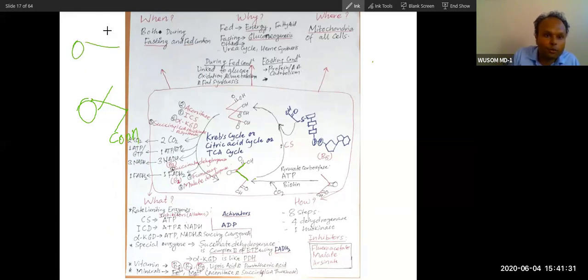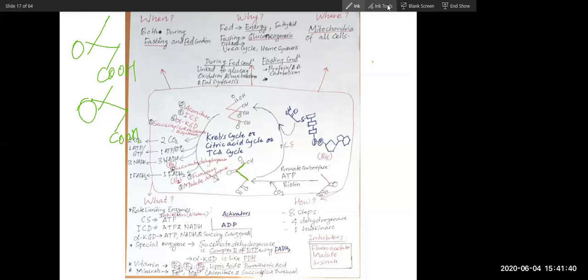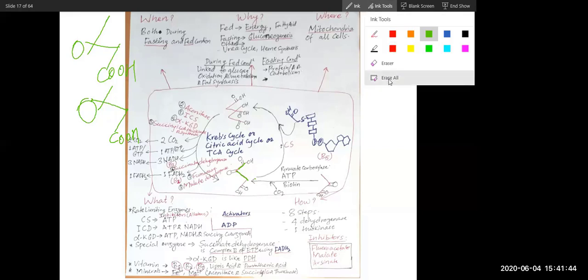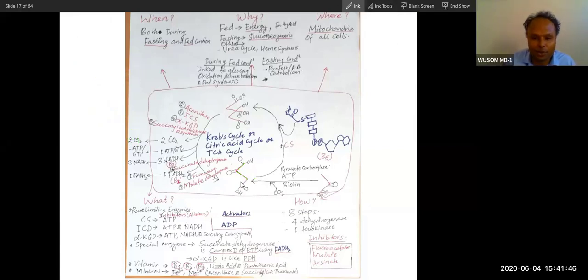Isn't it easy? Do you love this? This is how you can make your biochemistry fun. So this is oxaloacetate, OX, and this is acetate.